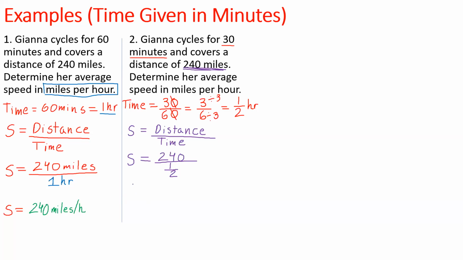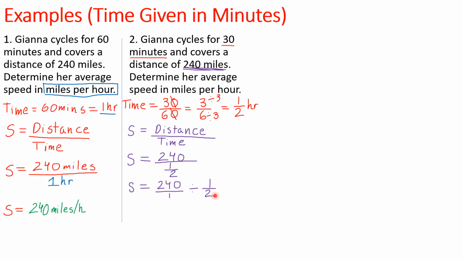So S is going to be equal to 240, which is a whole number, so we put 240 over 1, divided by 1/2. Any whole number can be represented as a fraction by putting 1 underneath it. That's why we put the 1 there.